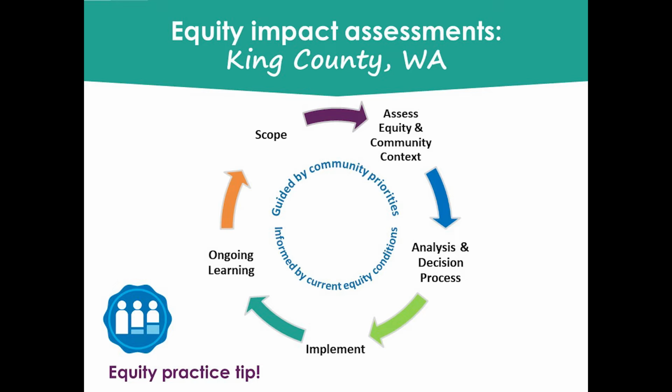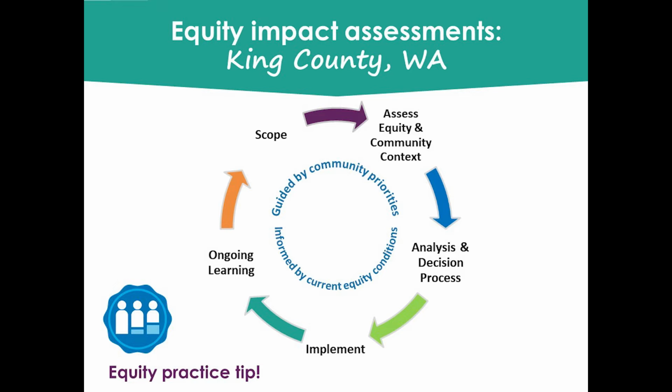Similarly, at the local level, King County, Washington has developed an equity impact review process to ensure that equity impacts are rigorously and holistically considered and advanced in the design and implementation of plans, policies, and projects. The Environmental Health Services Division of the county's Public Health Department used this tool to analyze the effects of a proposed policy change that would have eliminated rodent control outside of the city of Seattle due to lack of funding.